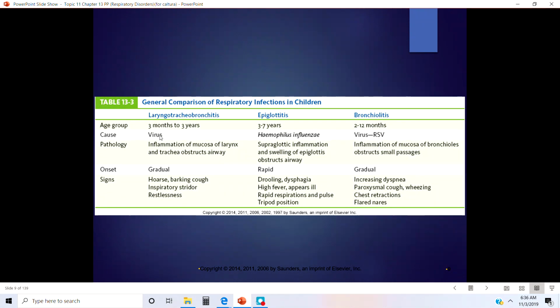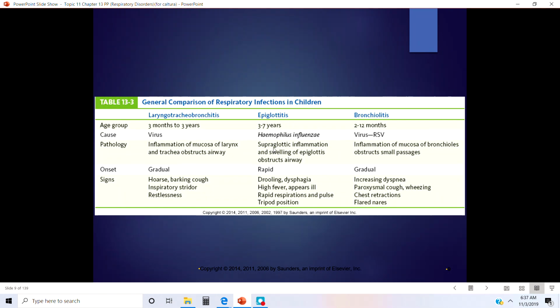Again, this is just different types of viral infection. It causes inflammation of the larynx and the trachea, and ultimately can obstruct the airway. This is a gradual onset, and again, one of the main features is that inspiratory stridor, that high-pitched sound. I didn't mention in the previous slide a barking type of cough and hoarseness. The epiglottitis, again, is inflammation of the epiglottis, and then the supraglottic area, the area above the glottis.